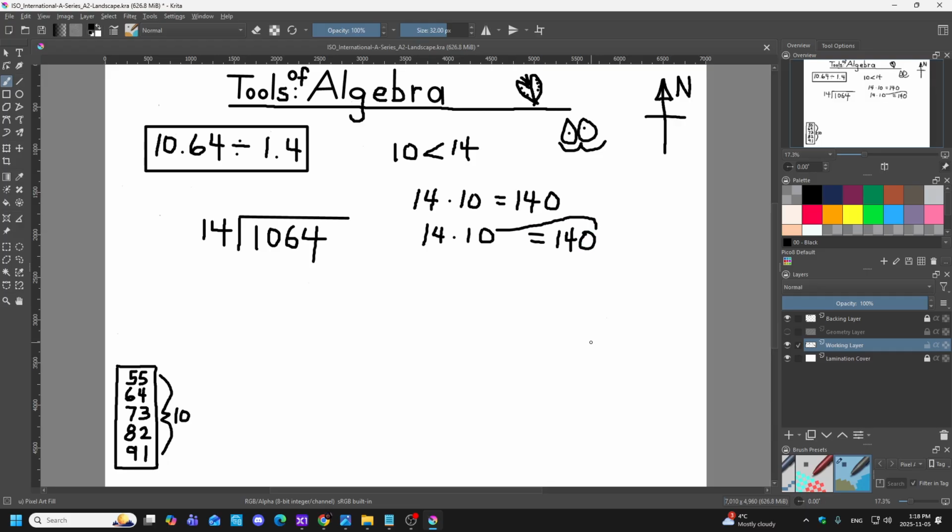That's how easy it is to multiply a number by tens or hundreds or thousands. Instead of getting overwhelmed with all the zeros, it's just a matter of going 14 times 1, and the rest we can ignore for now. So we know 14 times 1 is 14.